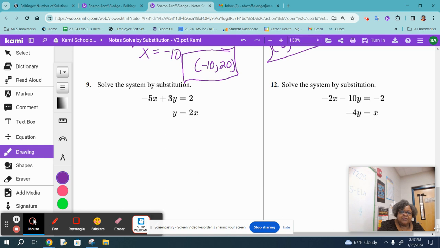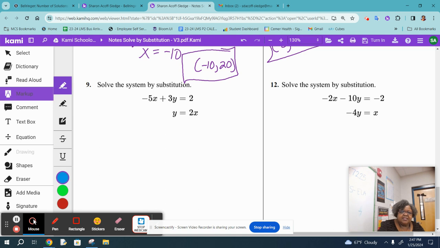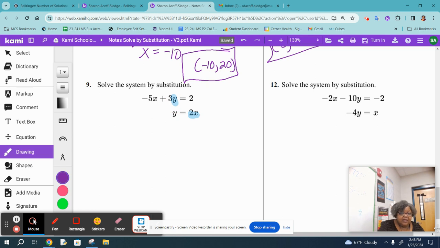So y is equal to 2x. So I'm going to take this 2x and put it here where I have y. Everybody with me? So where I have y, I'm going to put 2x. And it's multiplication.